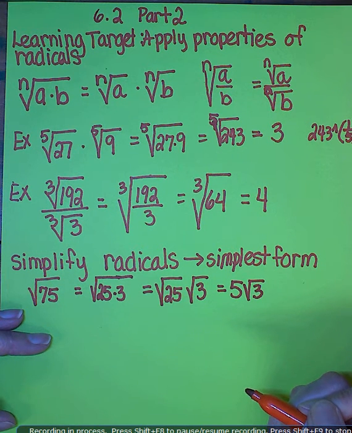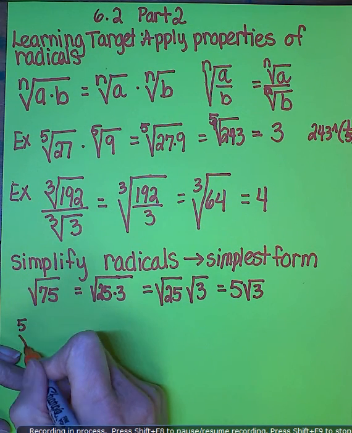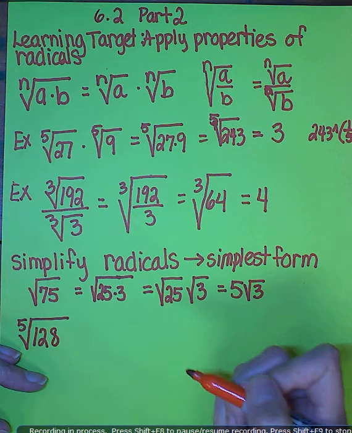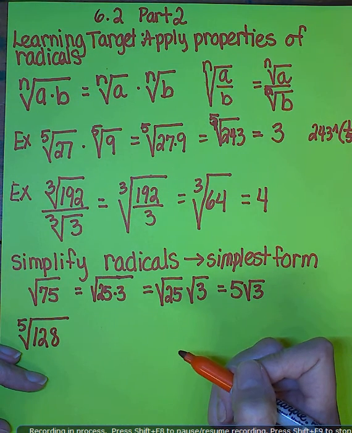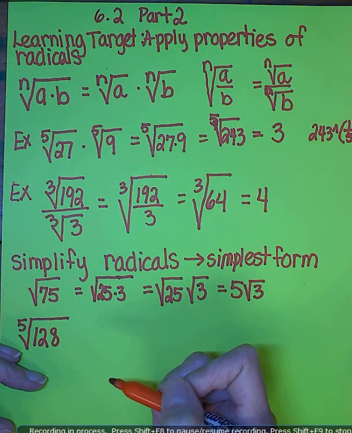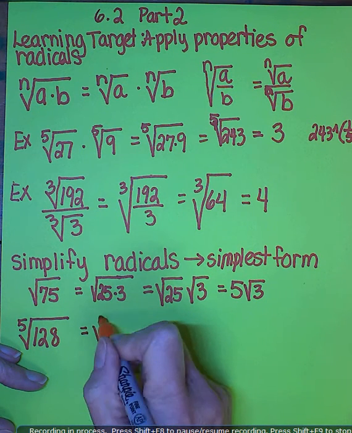Now this is one you've been doing for a while, but you want to use the same thinking process here. Now I want to think of a number to the 5th power that goes into 128. Now these numbers have to be small, like 2 to the 5th power grows quickly. So 2 to the 5th power is 32.